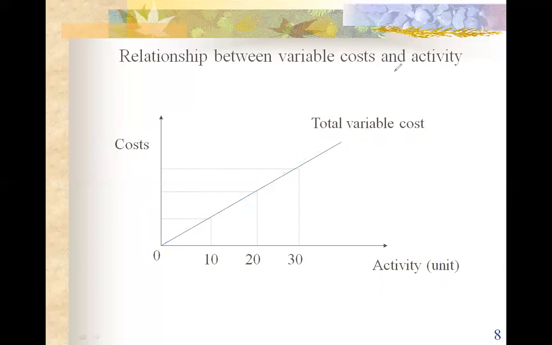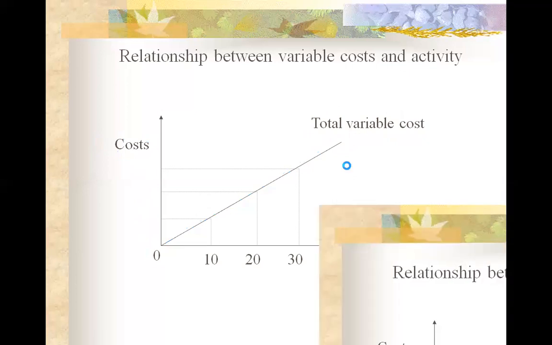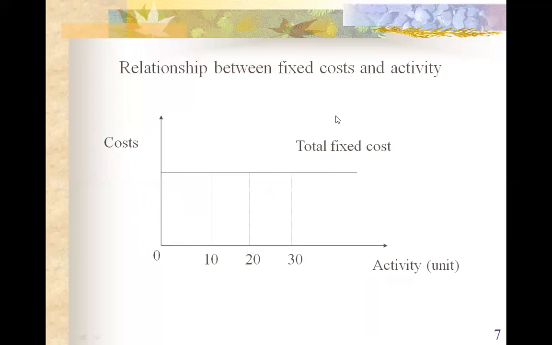And on the other hand, another one is fixed cost. Fixed cost, you see, whatever the level of production, 10 unit produced or 20 unit produced or 30 unit produced, but still our total fixed cost is same.